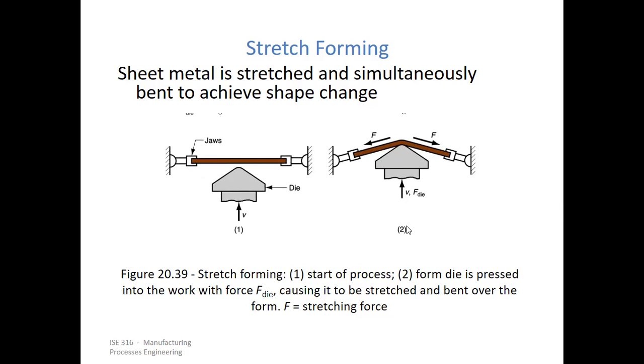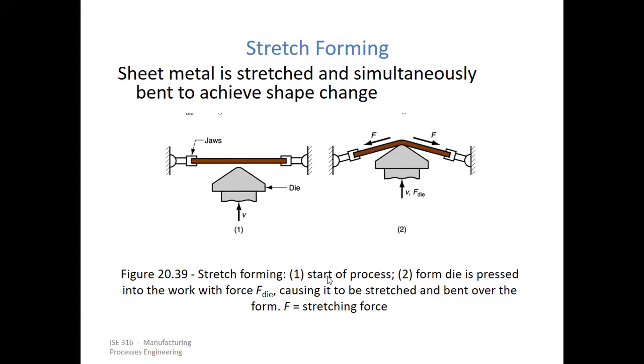Once you give the velocity, right, and then therefore the force, that's what the ultimate thing is here. But to start the operation, you have to give velocity to this die, and then it would make the sheet take the shape of this die, right?